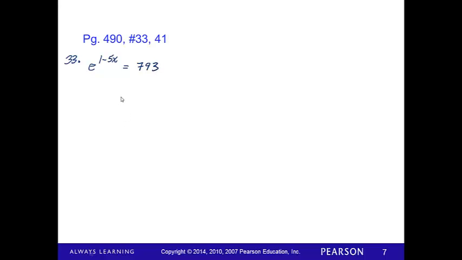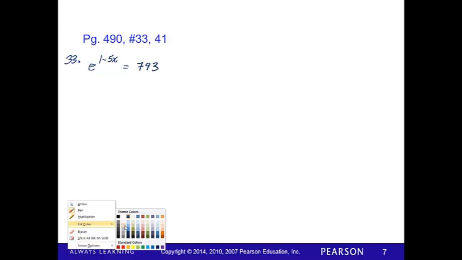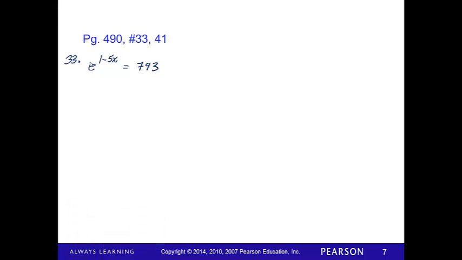Okay, so unlike the 3 problems we did before, where we were able to make the left side and the right side have equal bases, here on the left side we have a base of e, and on the right side, we have a base of 793. There's no way that we can make these equal, therefore we use this alternate way of solving exponential equations, which is we just use natural log.